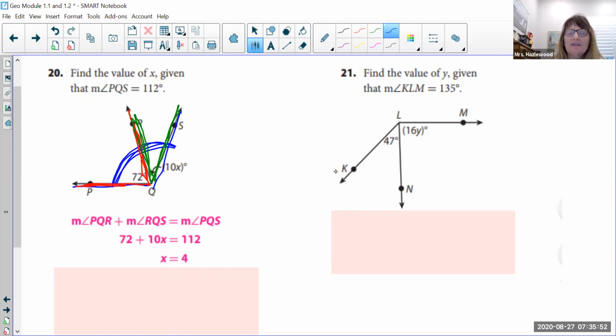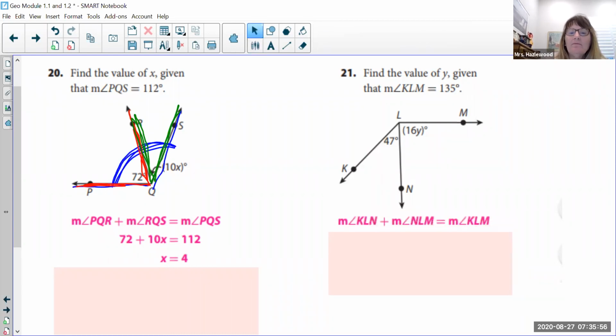It's the two angles together. So I'm just going to set my problem up. I know that the measure of angle KLN plus the measure of angle NLM equals the measure of angle KLM.